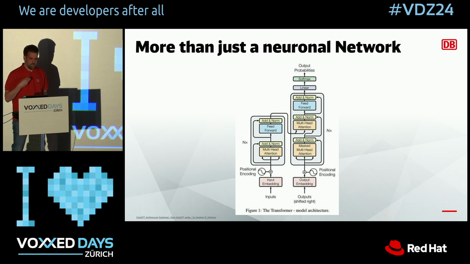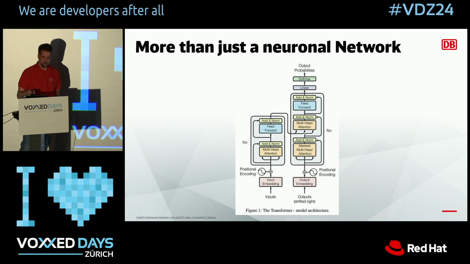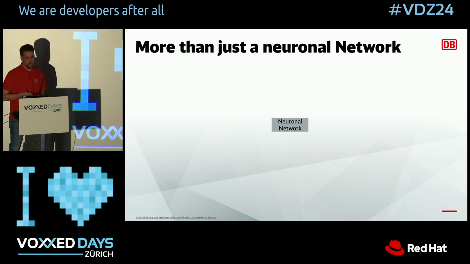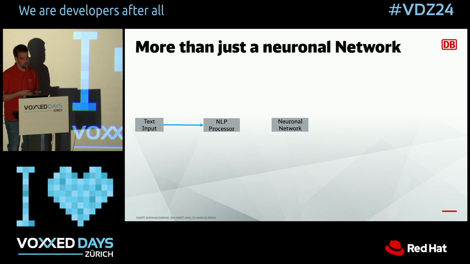When you search for the architecture behind ChatGPT, you get lots of scientific papers, and you often get this transformer architecture. And yes, if you are the AI expert, you will understand this picture. I'm not the AI expert, so I made up my own architecture. What we know is that at the core is a neural network, and we have text input, we have natural language processing.